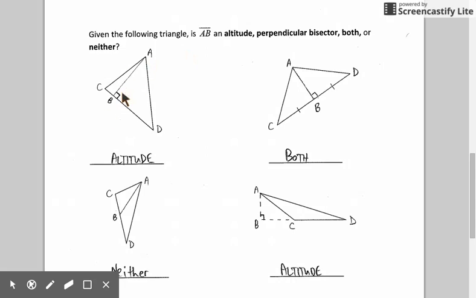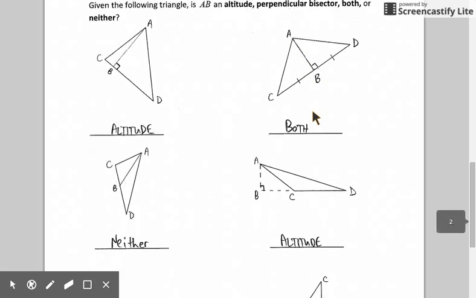So looking at this triangle, segment AB is coming from a vertex and is perpendicular to the opposite side. That's the definition of an altitude. In this triangle, segment AB is coming from a vertex, is perpendicular to the opposite side, and is bisecting that opposite side. So it's a perpendicular bisector, and it's an altitude because it came from a vertex. So it's both.